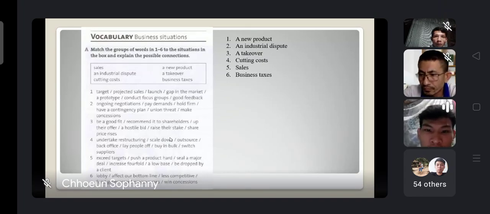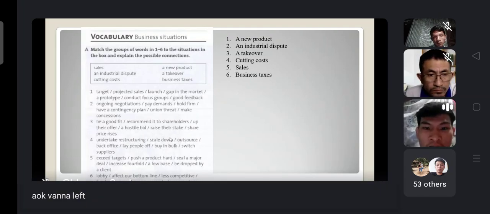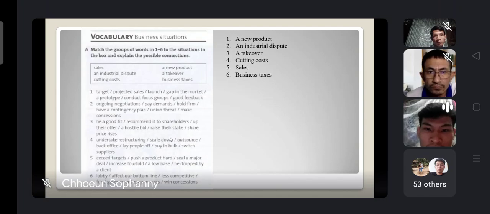And another one is an industrial dispute. That means disagreements between a company or management and employees, who come to work but have an unexpected condition of work that they don't want.